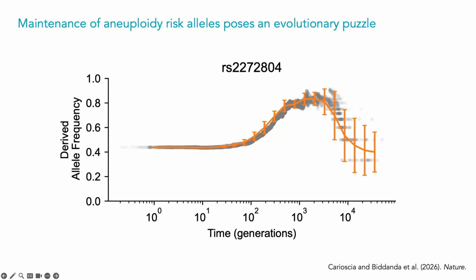Given the human effective population size, a variant like that should not exist. We shouldn't be seeing it at this frequency. And so that, I think, is just a more mathematical way of saying that that model is not correct.